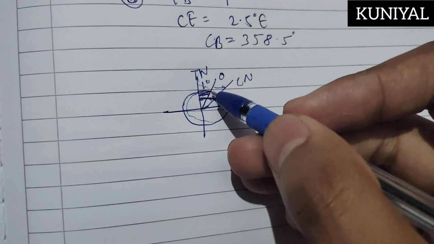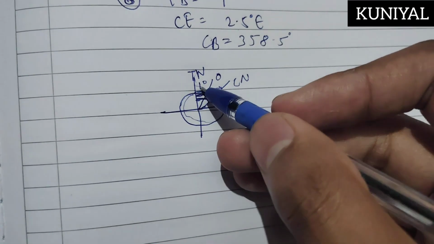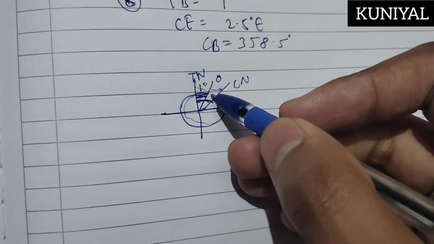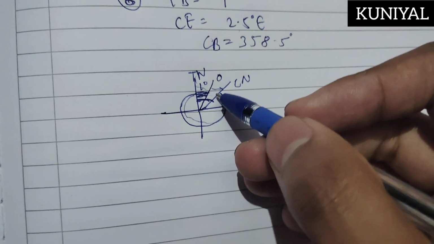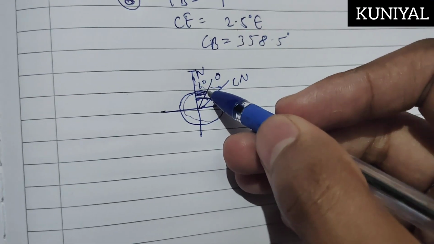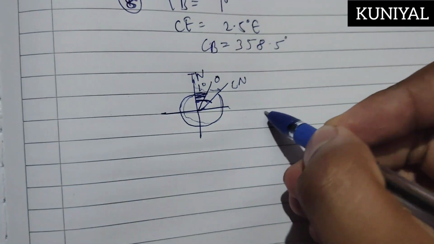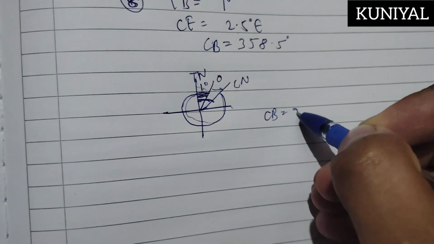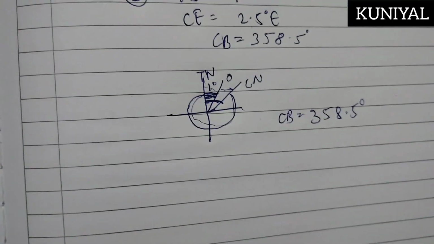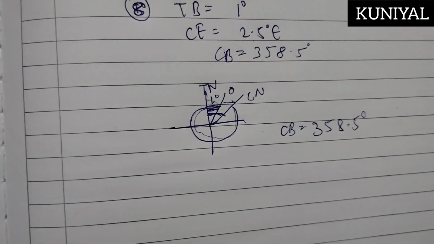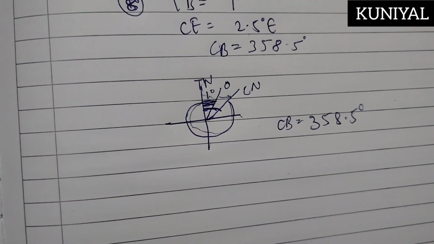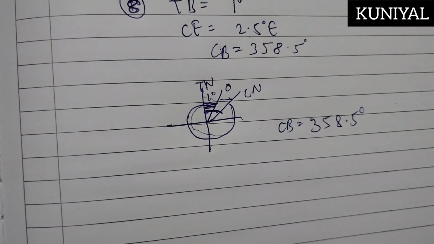First of all, 2.5 minus 1, we will get 1.5, and 360 minus 1.5, we will get 358.5. So this is how you can solve these questions. Now we will move to the 11th, 12th and 13th parts. The rest of the questions you have to do by yourself.